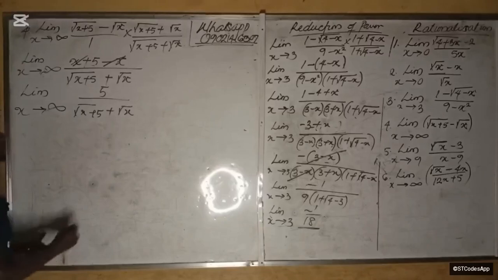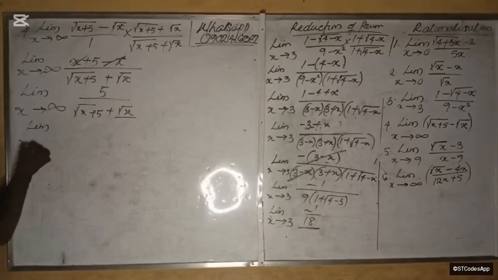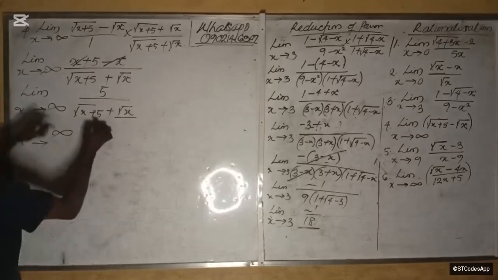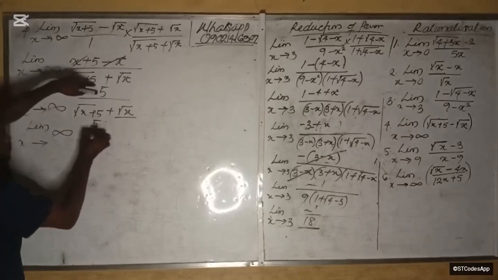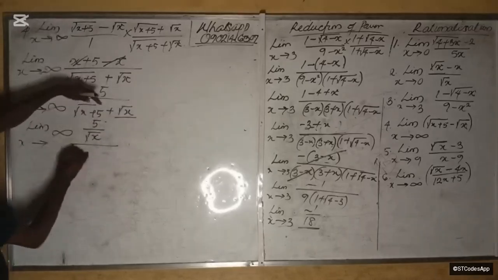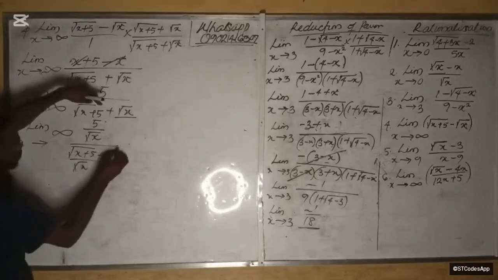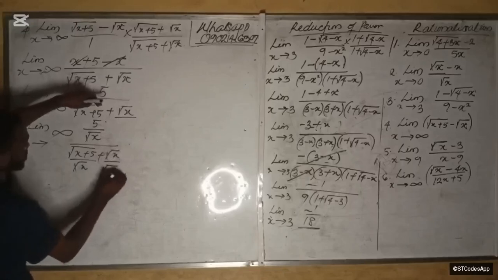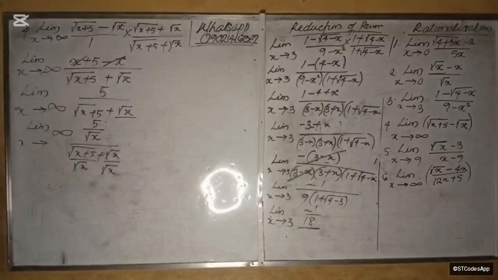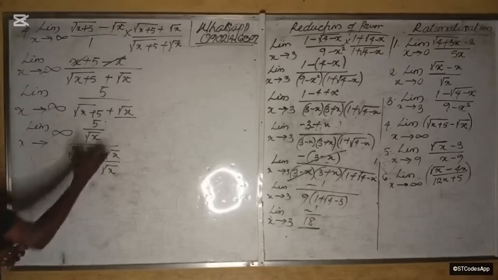Let's attempt to divide through by square root of x. If we divide through by square root of x, the limit as x approaches infinity of our expression becomes 5 over square root of x, that is, everybody is being divided by square root of x, all over here plus 5 over square root of x, then plus root x over square root of x. From here, you see that this is going to give us 1.